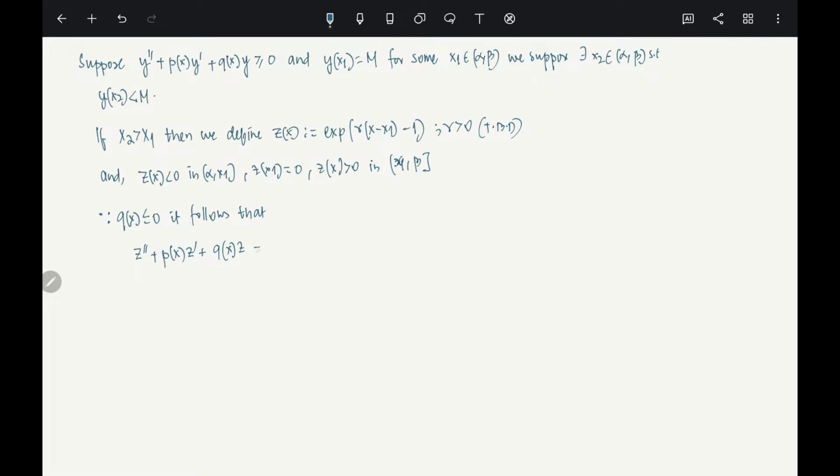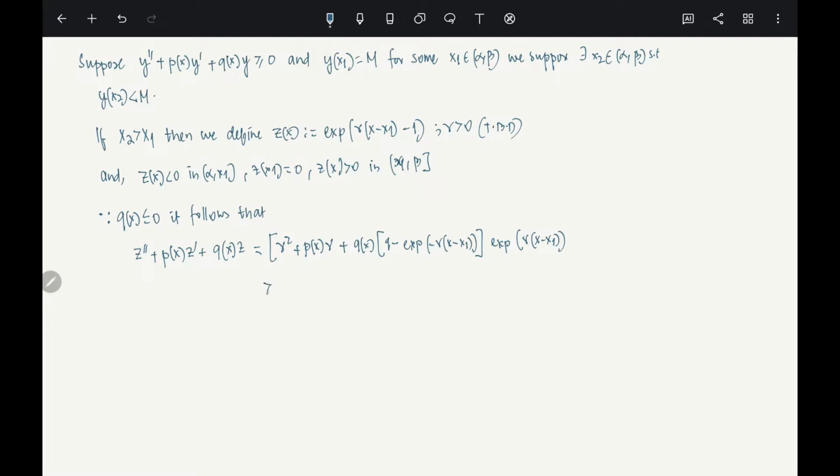If you just calculate it, please check this part, it is gamma square plus p of x times gamma plus q of x times (1 minus exponential of minus gamma (x minus x1)), and then exponential of gamma (x minus x1). Clear? That's what we are going to get.